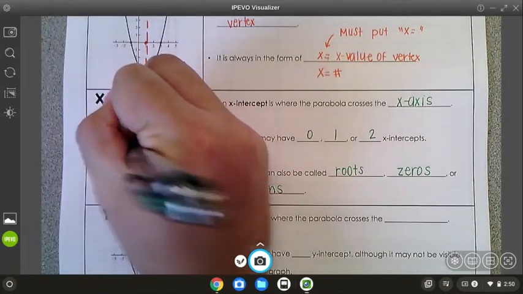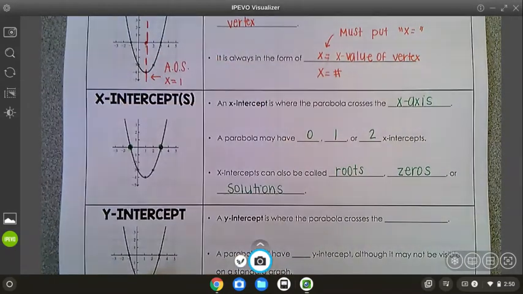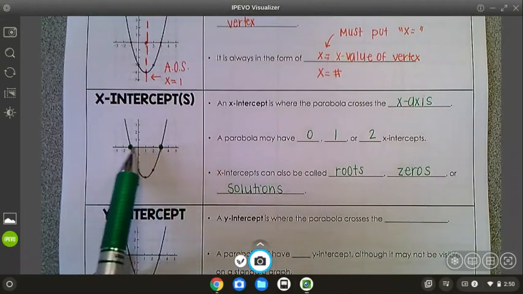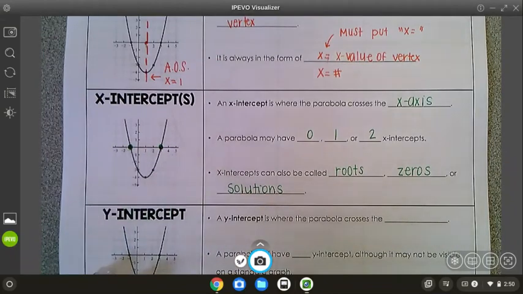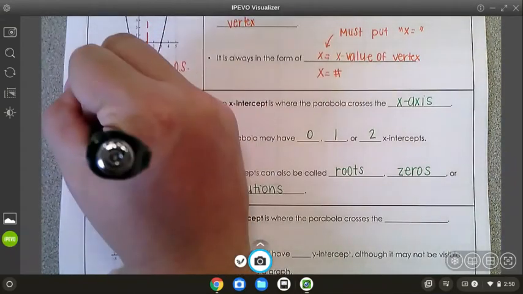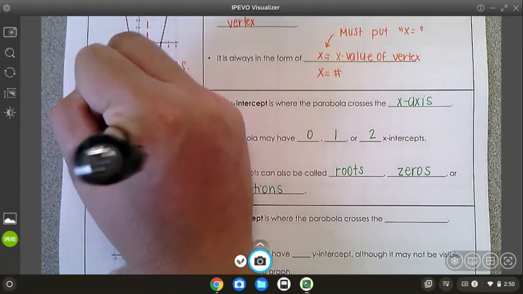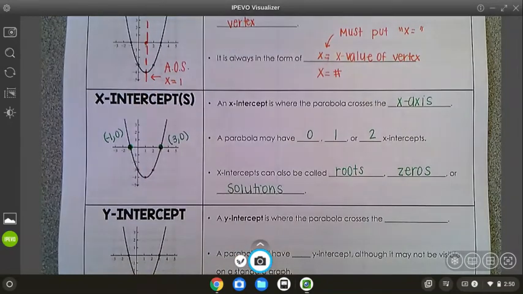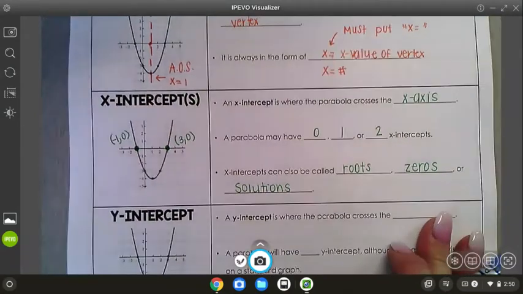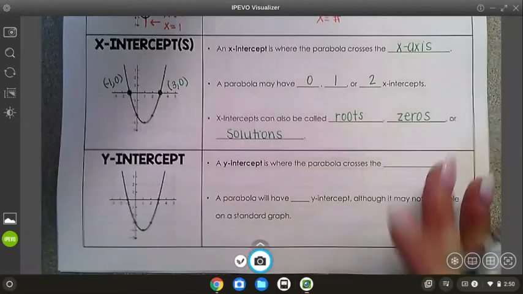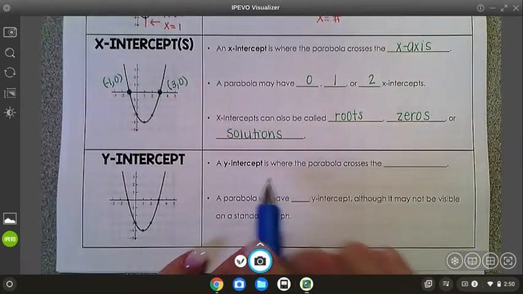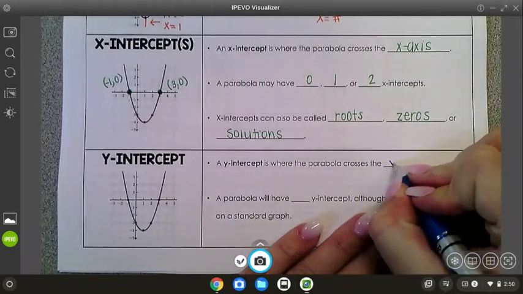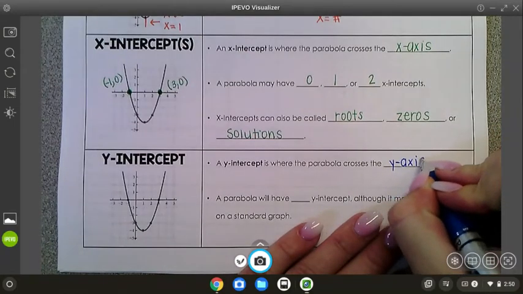So here is an x-intercept and there is an x-intercept. Notice here's my x-axis. That's where it crossed the x-axis. So this is the point -1, 0 and the point 3, 0. And then we have a y-intercept, which is where the parabola crosses the y-axis.